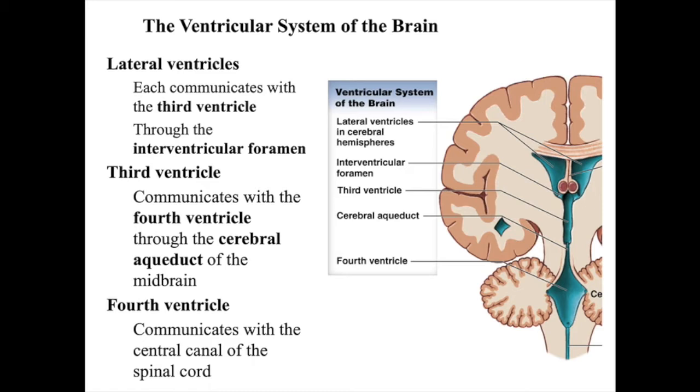In a coronal frontal section like that, you see the lateral ventricles, which are in the cerebral hemispheres, then the third ventricle, and then the fourth ventricle already at the level of the brainstem. The ventricles continue into the spinal cord in what is called the central canal.